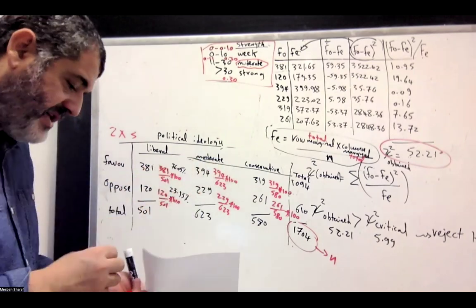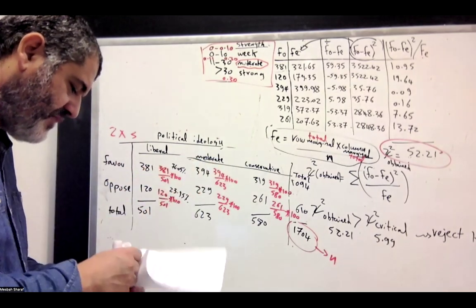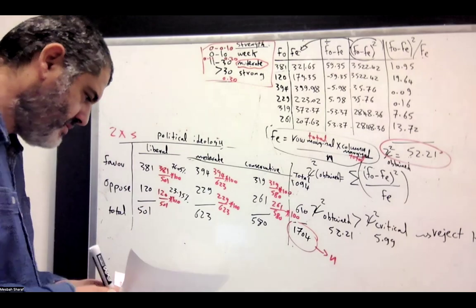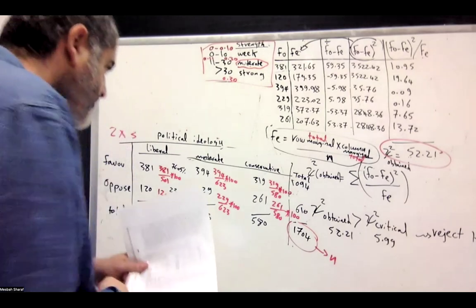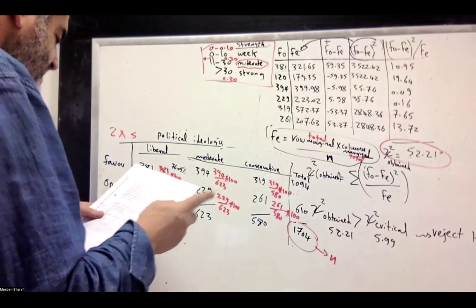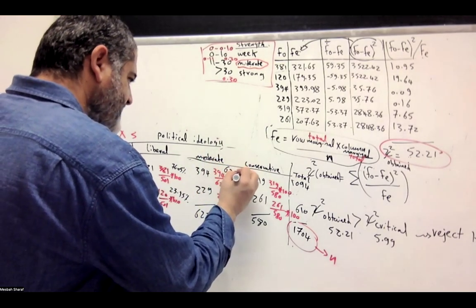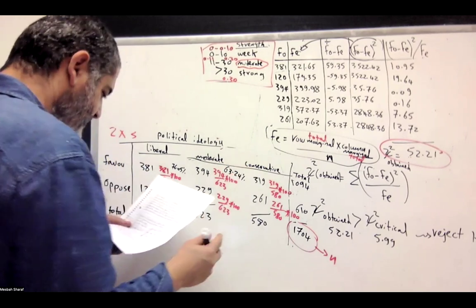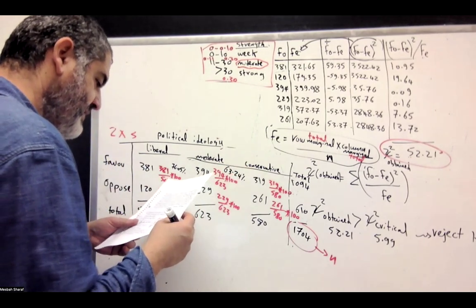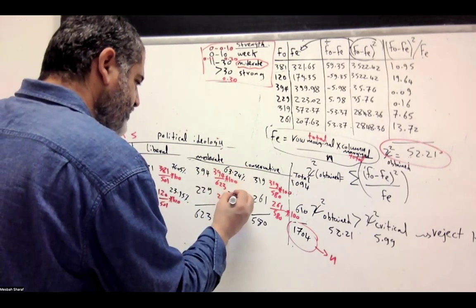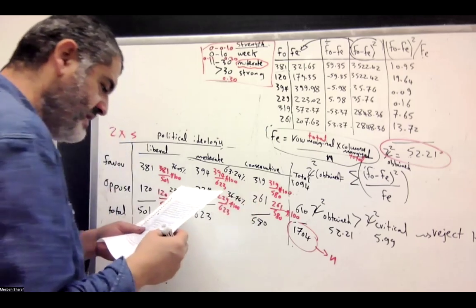Let me calculate these ones. The 394 is going to be 63.24%. This number is going to be 36.76%.